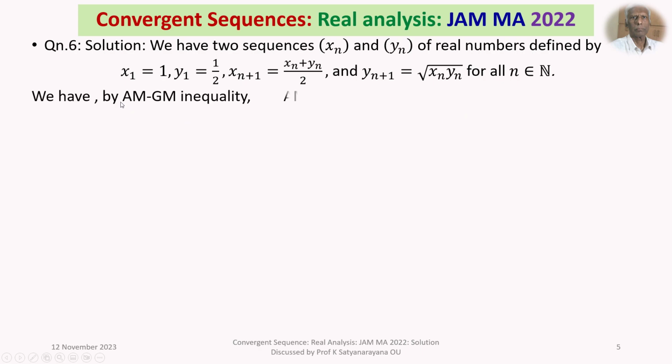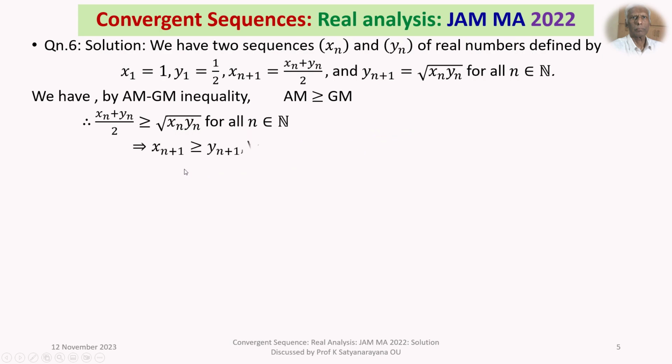By the arithmetic geometric mean inequality, the AM is always greater than or equal to the GM. So applying this here, the arithmetic mean xn plus yn by 2 is greater than or equal to the geometric mean under the square root of xn yn for all n belongs to N. That means xn plus yn by 2, which is xn plus 1, is greater than or equal to under the square root of xn yn, which is yn plus 1.